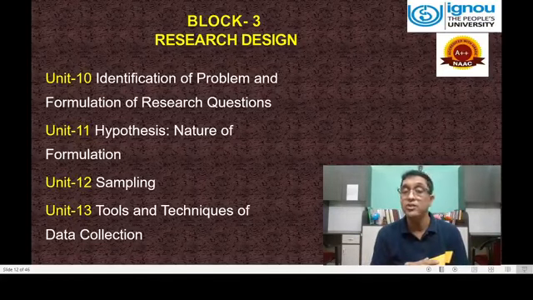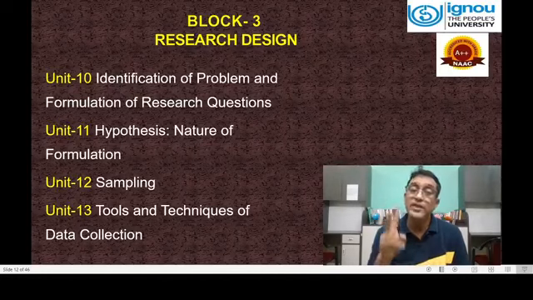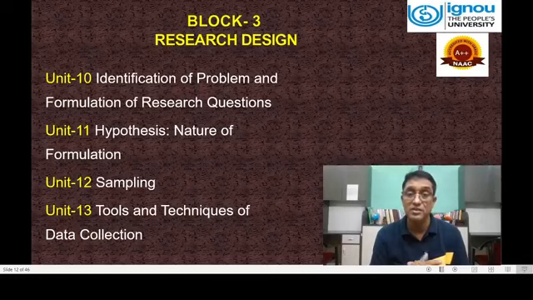So that's why I will take 2 sessions in this block, that is under research design. And today in this session we will be discussing unit 10, that is identification of problem and formulation of research questions. Then in unit 11 we will also discuss hypothesis, its nature and formulation.